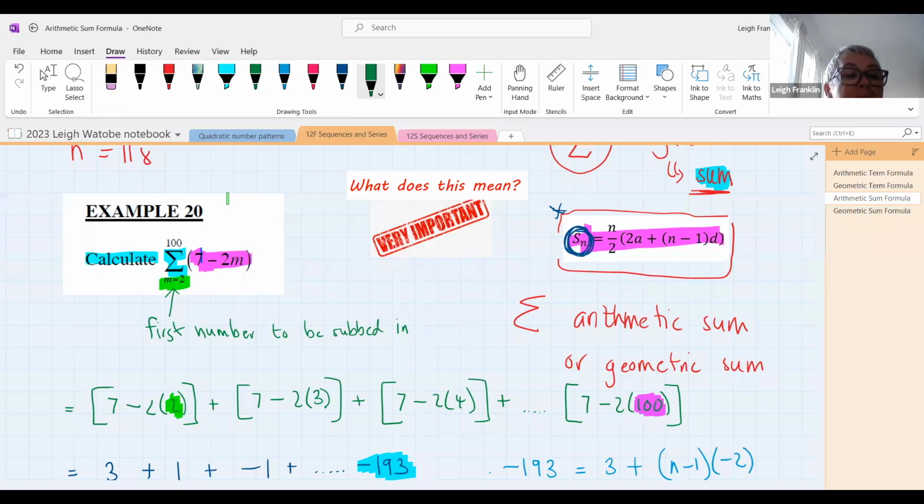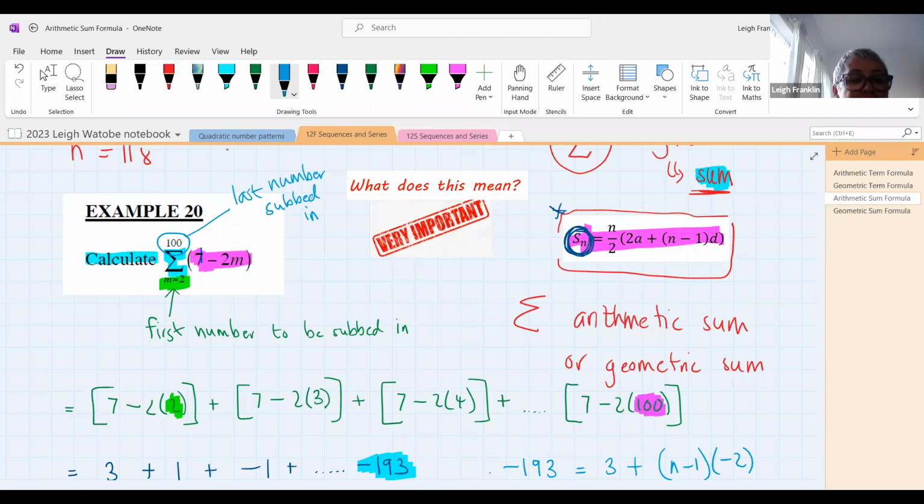Then there's always going to be a number at the top of the sigma symbol. That number at the top of the sigma symbol is always the last number that is subbed in. So essentially, the pattern ends when 100 is subbed into the rule.